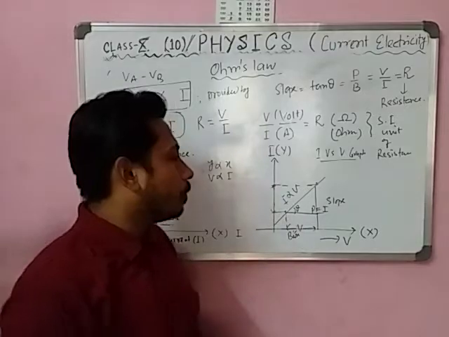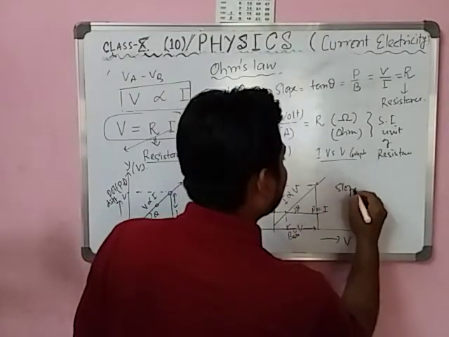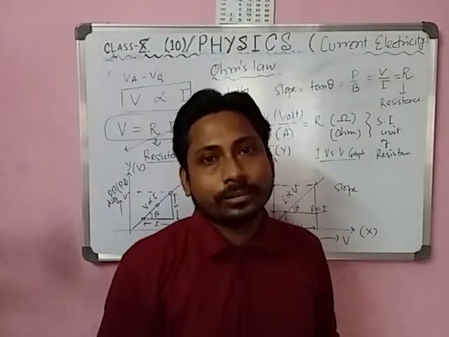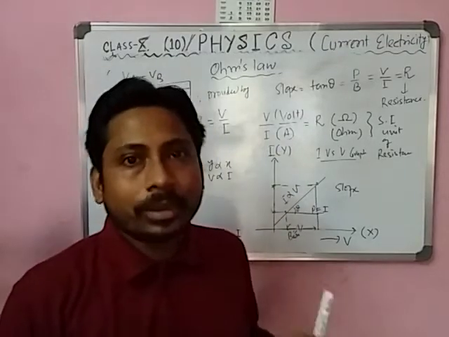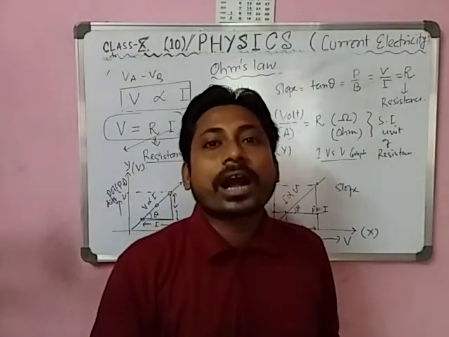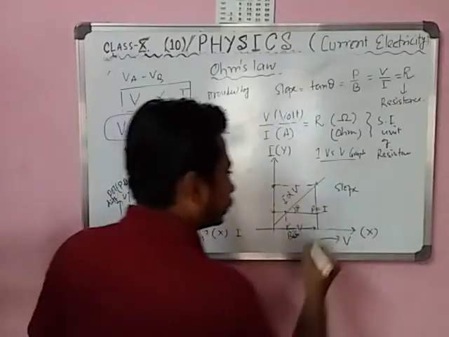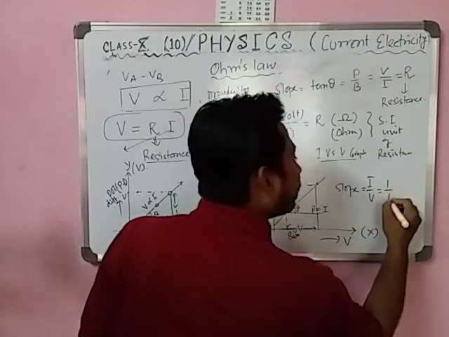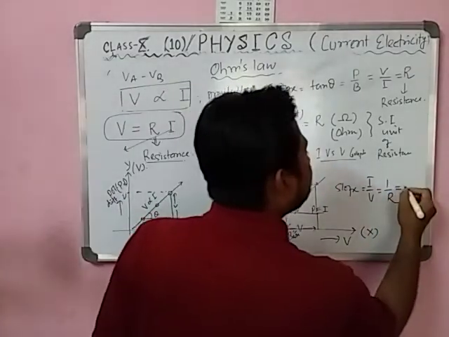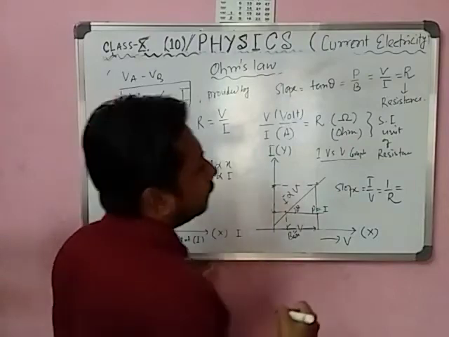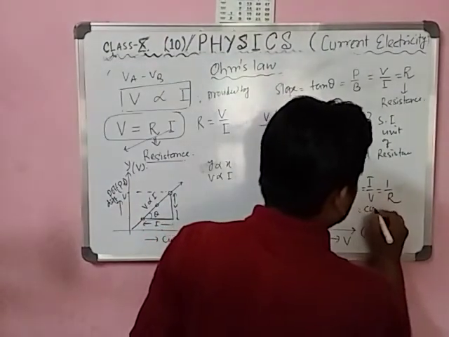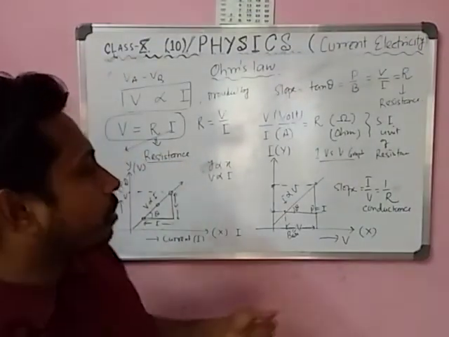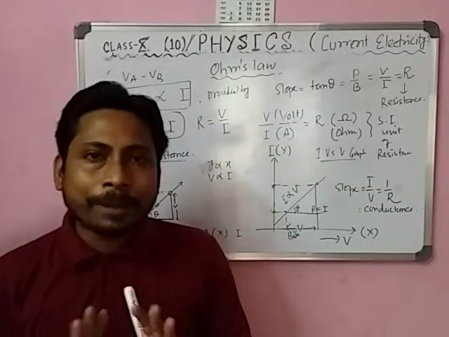So this slope represents I by V, meaning 1 by R, the reciprocal of resistance, the opposite of resistance. The reciprocal of resistance is called conductance. So remember, this is called conductance. Up to this, no problem.